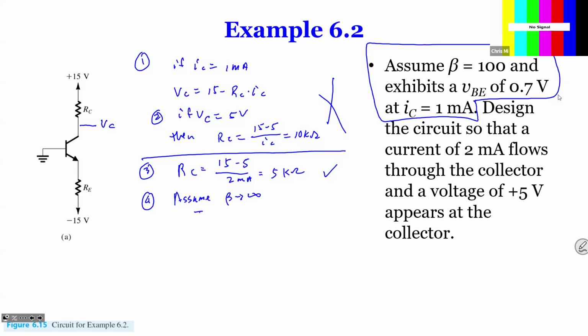If we do that, then IE is going to be the same as IC, 2 milliamps. So if IE is 2 milliamps, we also have to assume VBE is 0.7. So here.